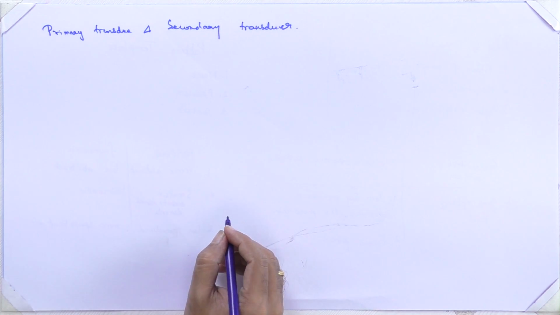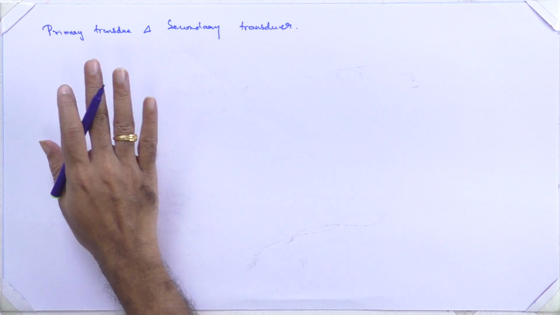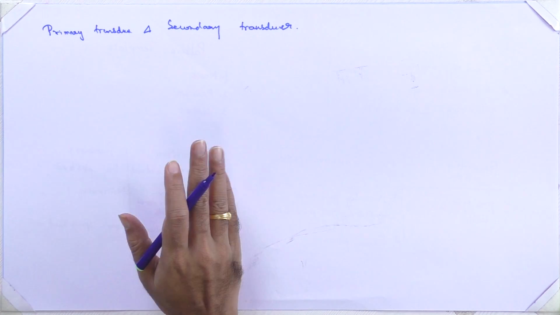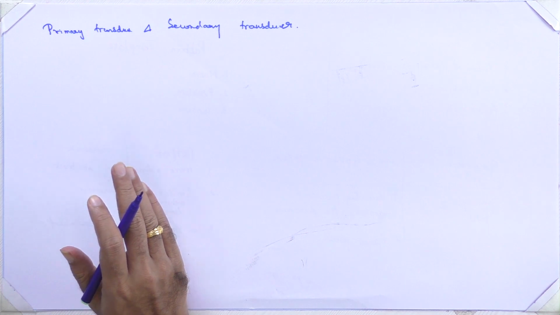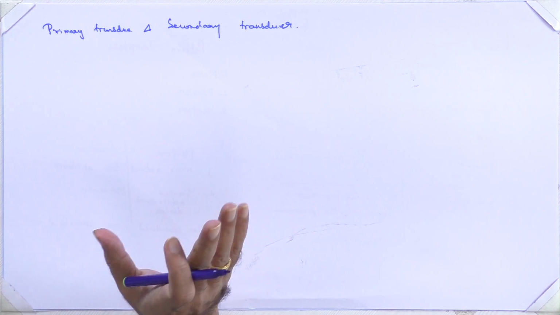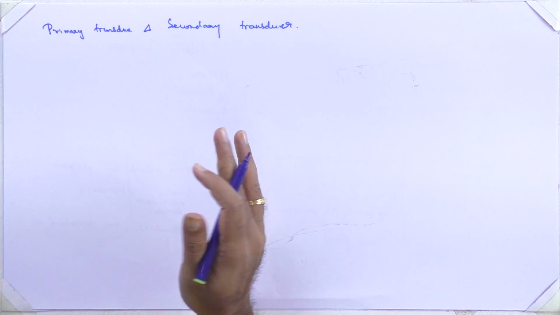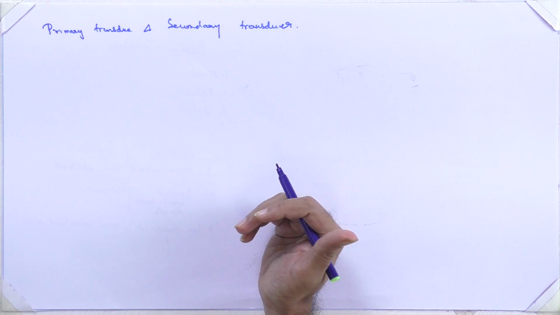What is a primary transducer and a secondary transducer? This is a major definition or difference that occurs in transducers. The primary transducer is the transducer section or element where the direct physical phenomenon is going to act. But this can't directly sense the physical phenomenon.